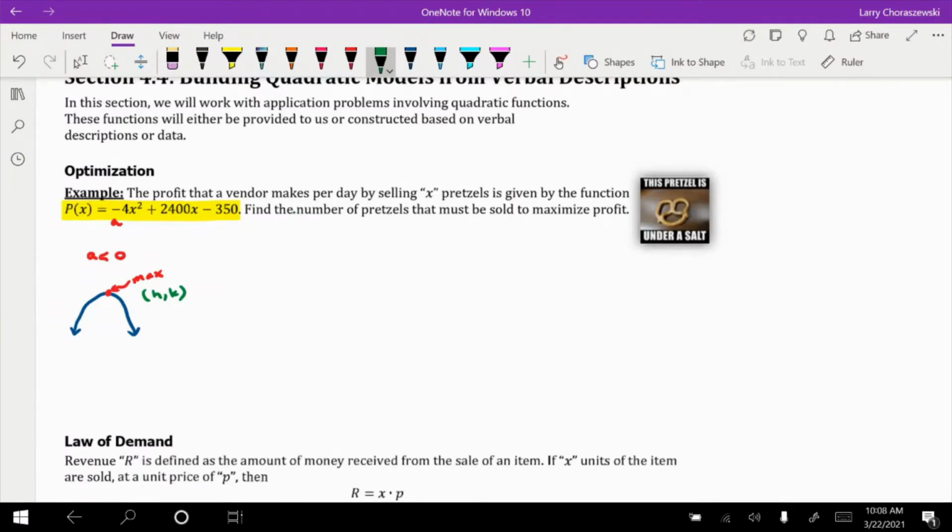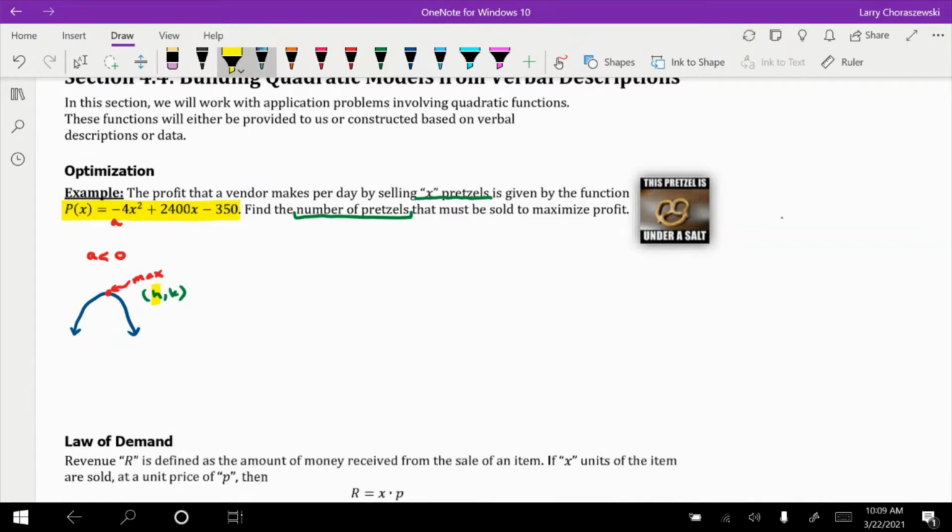Now, when it's referring to the number of pretzels, we want to figure out which of these values we are really looking for. If you go back to the first sentence, it mentions x pretzels. So what it really wants from this vertex is the value of h, because that's a particular x value, and our x values in this case represent pretzels.